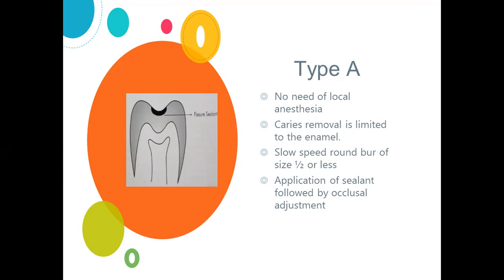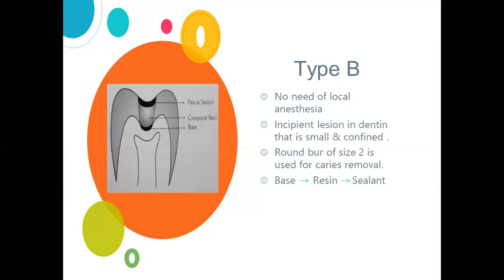Then we have to wait for around 20 seconds. Then it is washed and dried, which is followed by the placement of a sealant, and polymerization is done with the help of a light cure for 20 seconds. Finally, occlusal adjustment can be done to correct the bite of the patient if it is required.